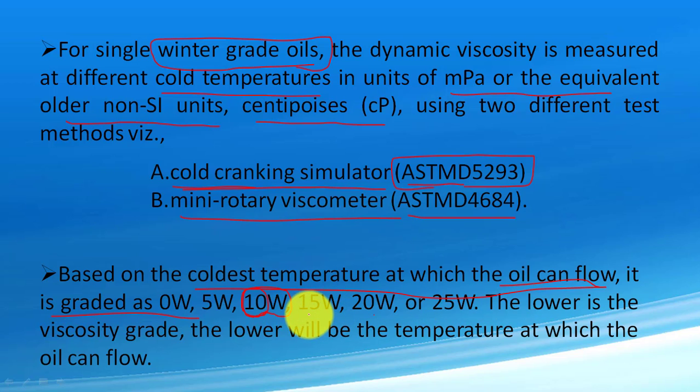Likewise, this W stands for the winter weather condition, winter grade. Similarly for 15W, the 15 indicates the viscosity of the particular oil at 0 degree Fahrenheit temperature, and it is utilized for the cold weather condition.